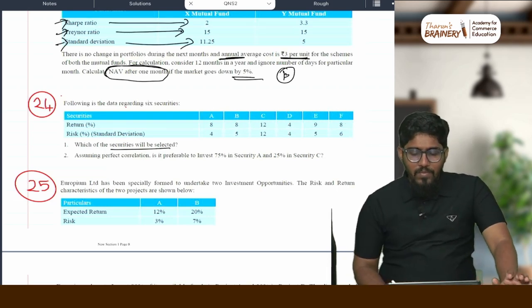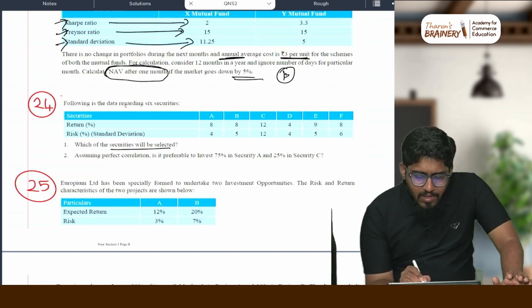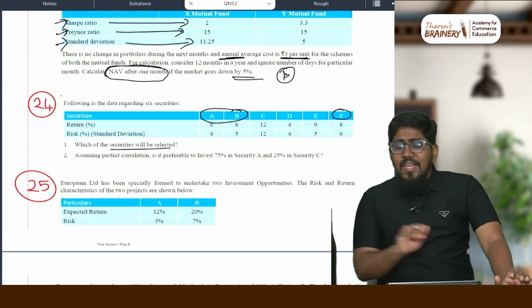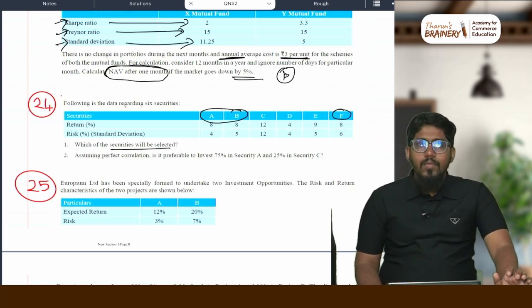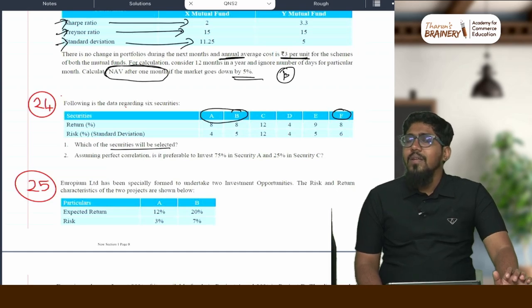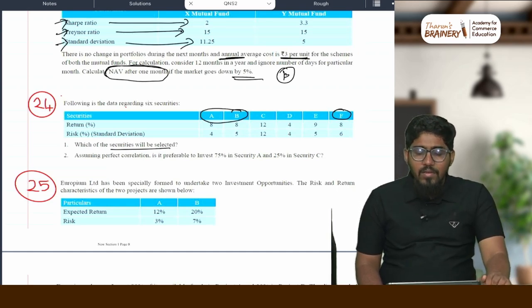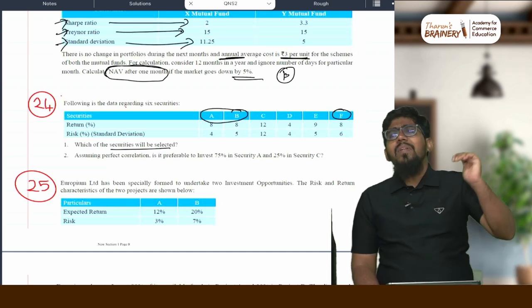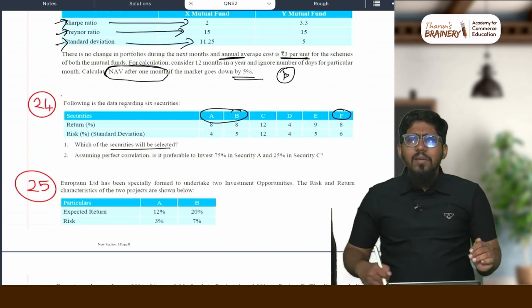Now see, A, B and F are having the same return. But when you see the risk, A is having a risk of 4, B a risk of 5 and F a risk of 6. Now you yourself tell me logically, for the same return, will you take more risk?